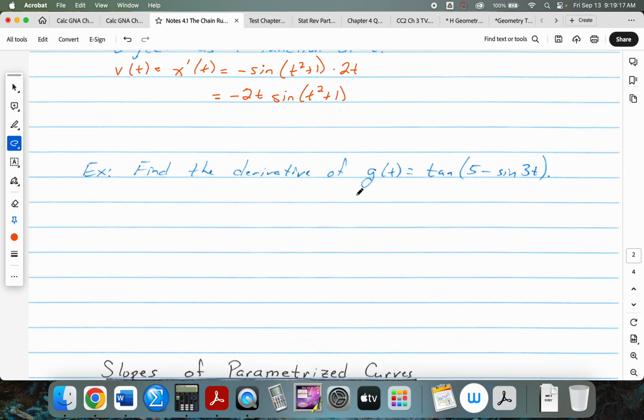So this next one, you're like, okay, these are all sort of starting to feel the same, but look carefully at the inside part of this one. I've got 5 minus sine of 3t. Anytime you see that, you need to think about it. It's not just t, is it?